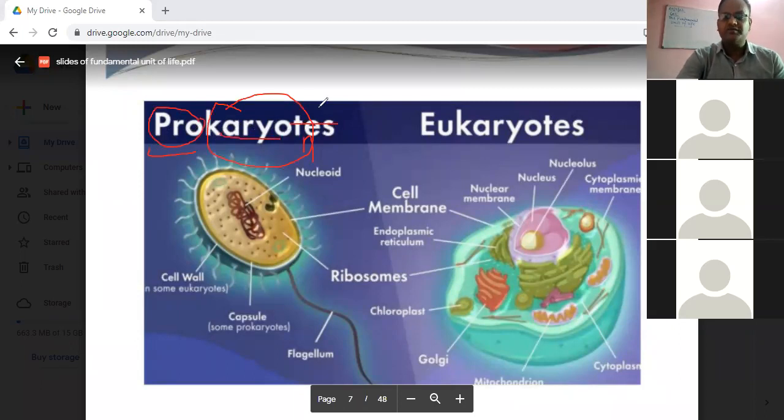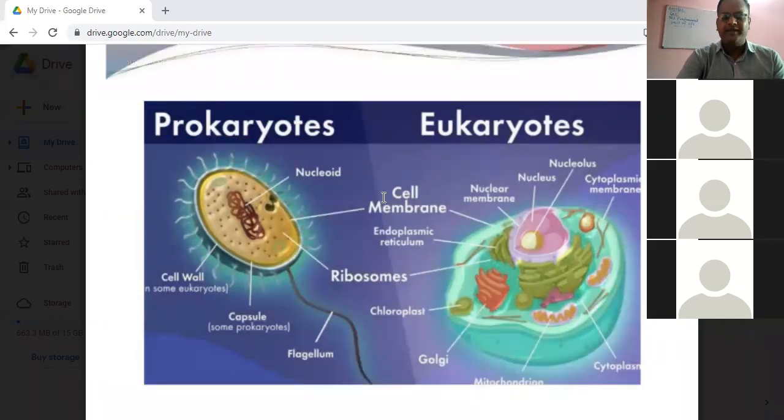So those organisms which have the primitive nucleus. By primitive nucleus, we mean that the nucleus is not well organized. What does this mean? It means that the nucleus is not bounded by the nuclear membrane and the genetic material is continuous with the cytoplasm of the cell.